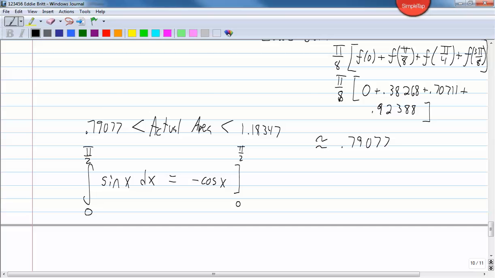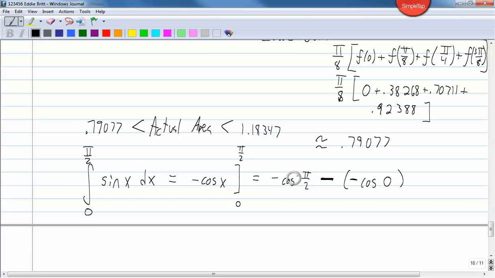Remember what we have to do. We have to say, okay, that's negative cosine of pi over 2, then minus, don't forget, minus. And now I plug in a 0. But that's minus what? Negative cosine of 0. So don't get confused here.